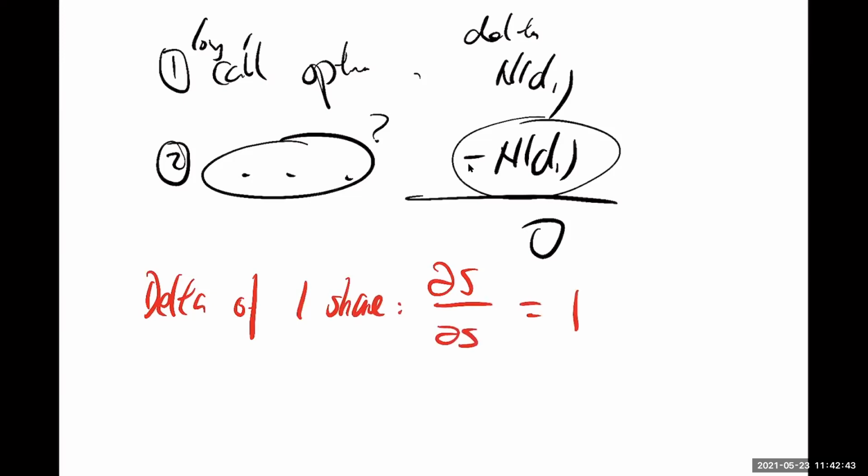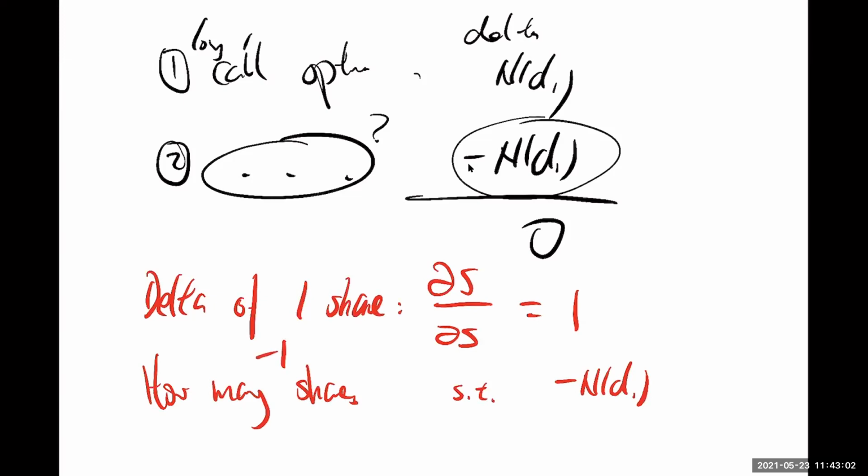So one share has a delta of 1. How many shares do I have such that my delta is going to be N(d1) minus N(d1)? Minus N(d1) shares, right?